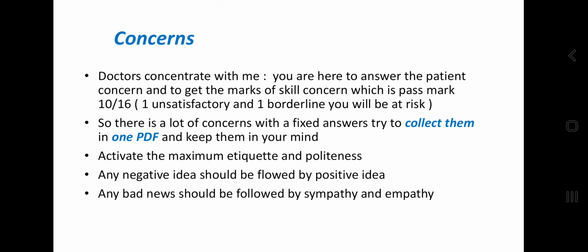So never overlook, never ignore the patient's concern. There are a lot of concerns you will understand and memorize by practice. Most concerns have fixed answers. My advice to you is to collect them in one PDF and memorize them and keep them as if you are saving your name.